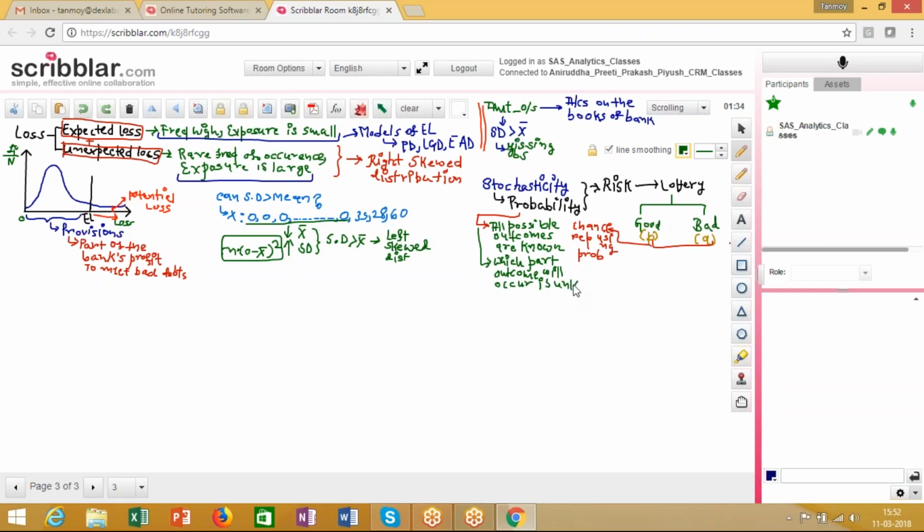Now if these two characteristics are satisfied, only then can we say that yes, this distribution or this problem that we are talking about is a probabilistic problem. So basically there are outcomes, and which particular outcome will occur is not known to us.